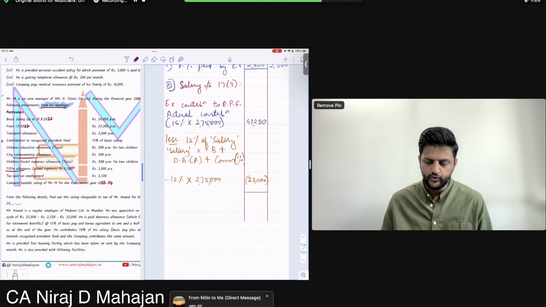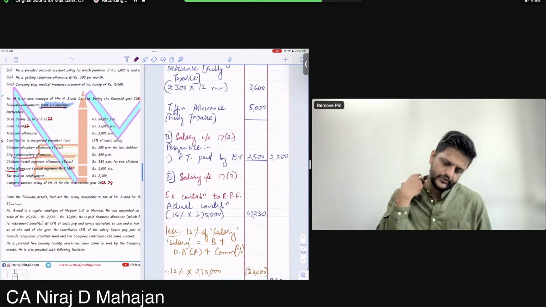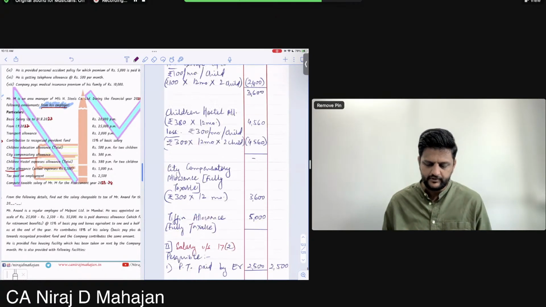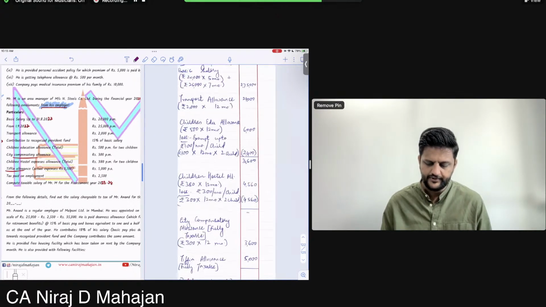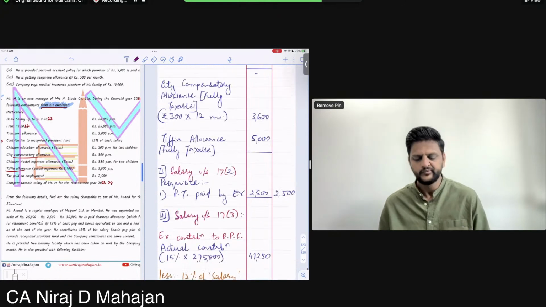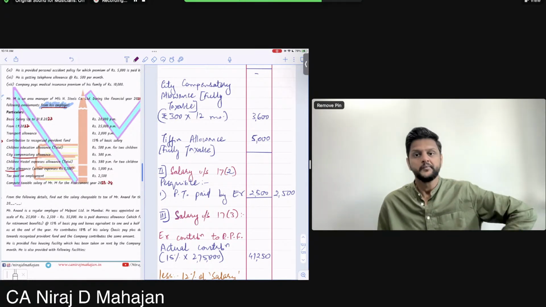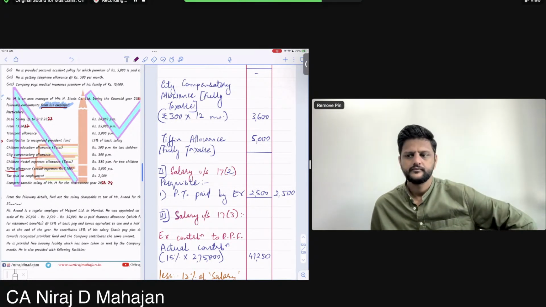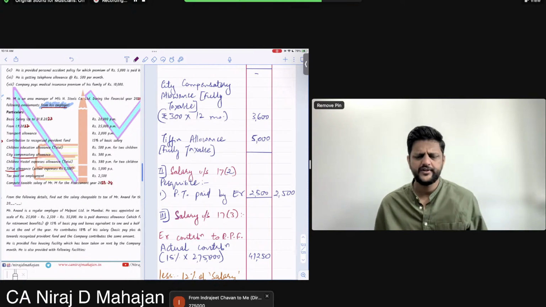Chalo. 41,250 minus 33 is how much? 8,250. Per question is 2,500. And give me 17.1 salary. Give me 17.1 salary. Two lakh 75,000.